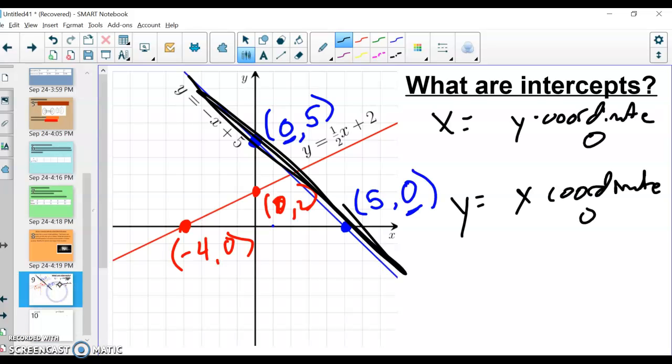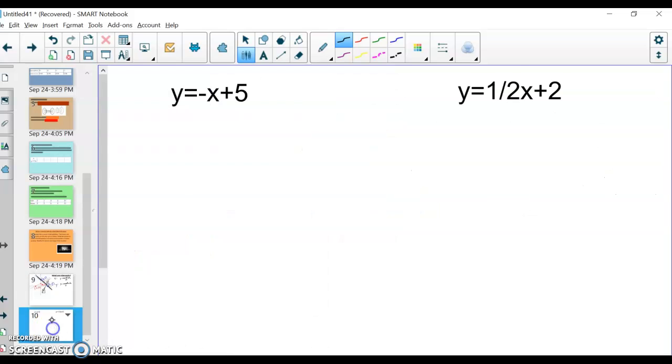And if you notice, I could make this line using just those 2 points, right? I don't need multiple points to make a line. I could use multiple points, but if I just drew that line, I don't need all 4 of those. I could have just used that one and that one, right? Now, what's an easy way to do that? Just use the intercepts.